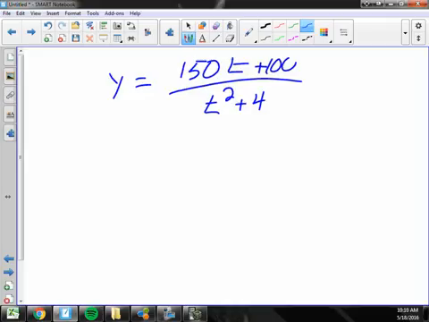Provide appropriate units below. When the amount is at least 50 milligrams, the patient receives a medicinal effect from the drug. According to this model, when will the amount of the drug in the patient's bloodstream first reach a value of 50?